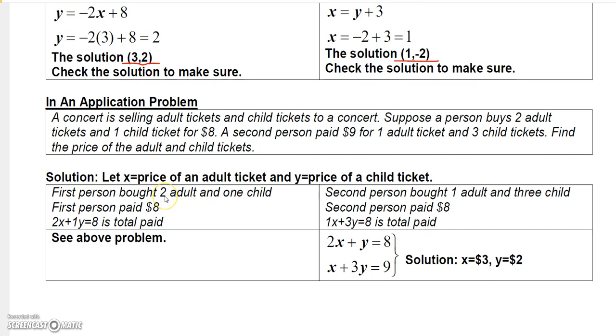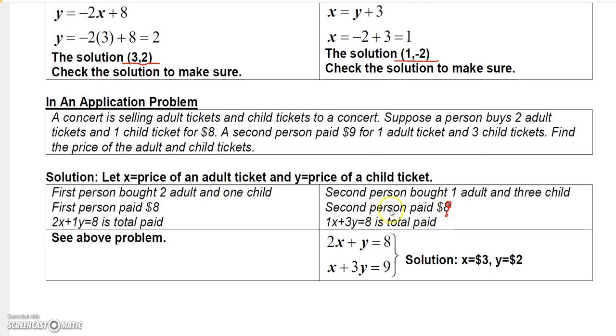Well, we know the first person bought 2 adult and 1 child tickets for $8. So if we let x be the price of an adult ticket and y be the price of a child ticket, then we can write that 2 times x plus 1 times y is 8. And the second person bought 1 adult and 3 child tickets, and actually that should be 9.